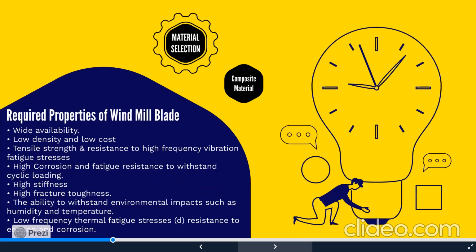First, availability, low density and low cost, tensile strength, resistance to high frequency vibration, fatigue stress, high corrosion and fatigue resistance to withstand cyclic loading, high stiffness, high fracture toughness, the ability to withstand environmental impacts such as humidity and temperature, low frequency thermal fatigue stresses, and resistance to erosion and corrosion.